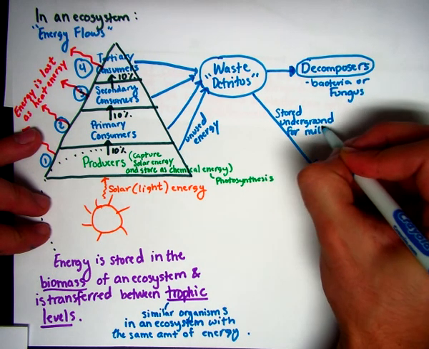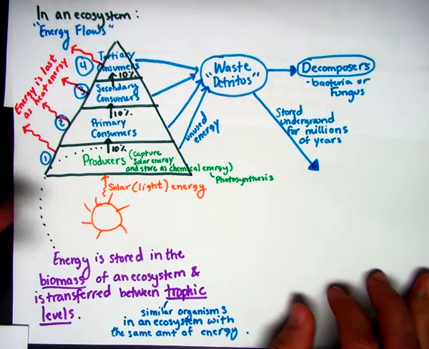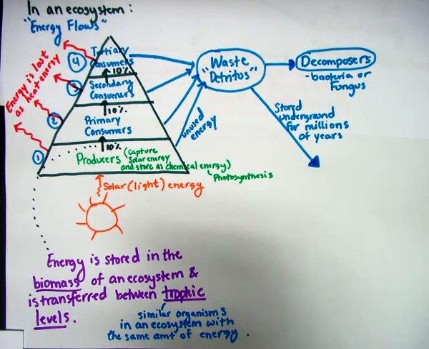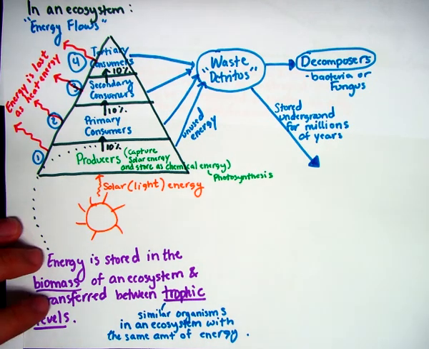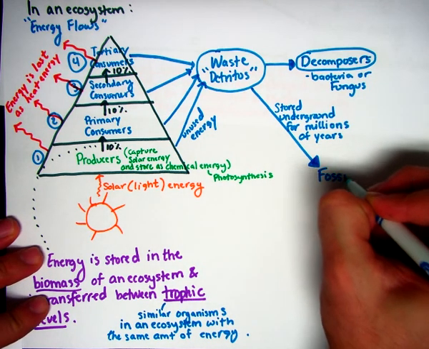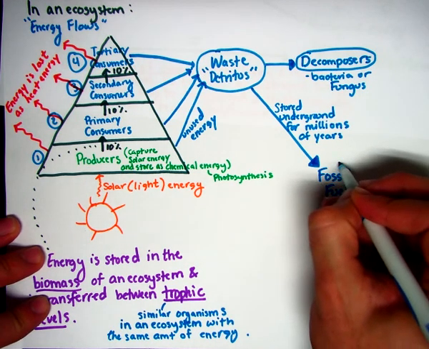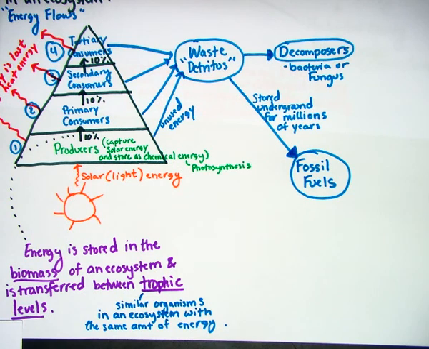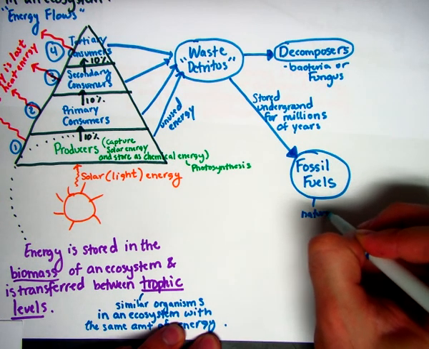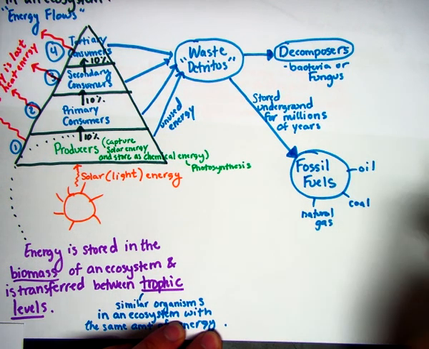If we're talking about millions of years here, this unused energy gets stored underground, and due to pressure, as it's deeper and deeper into the ground, this is ultimately what gets used as fossil fuels. Right, fossil fuels being natural gas, coal, oil. This is a chemical potential energy.